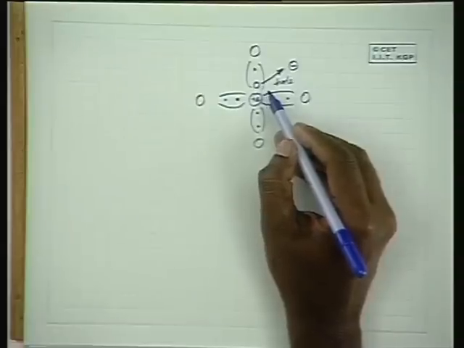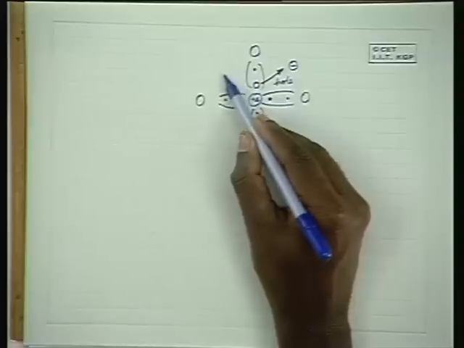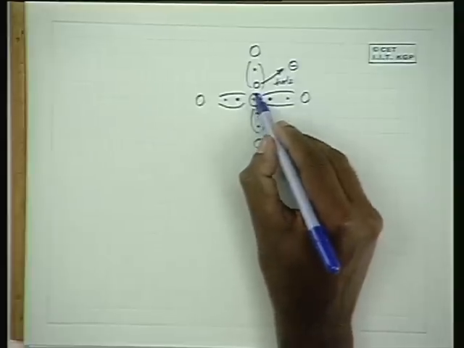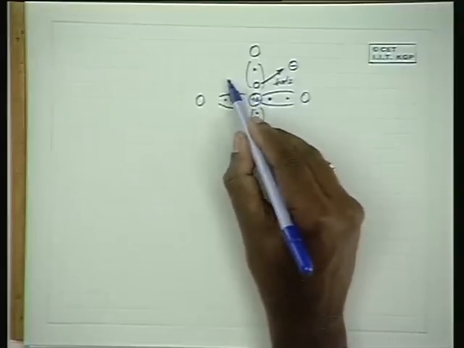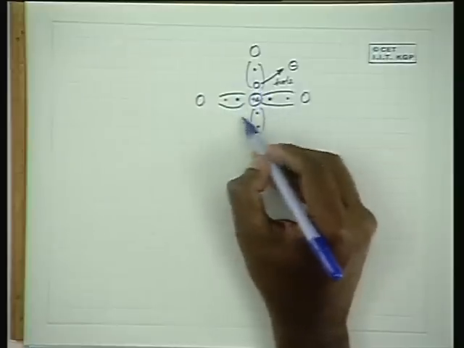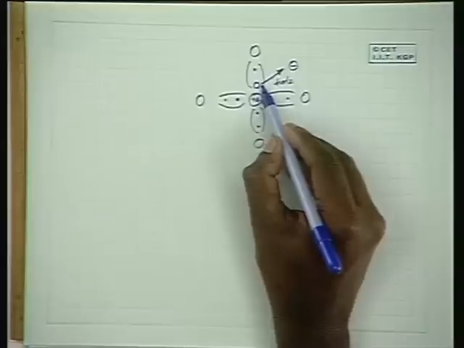When an electron loses some energy and comes close to this atom, it jumps into this hole and forms the covalent bond. Because of that, this is known as a hole.